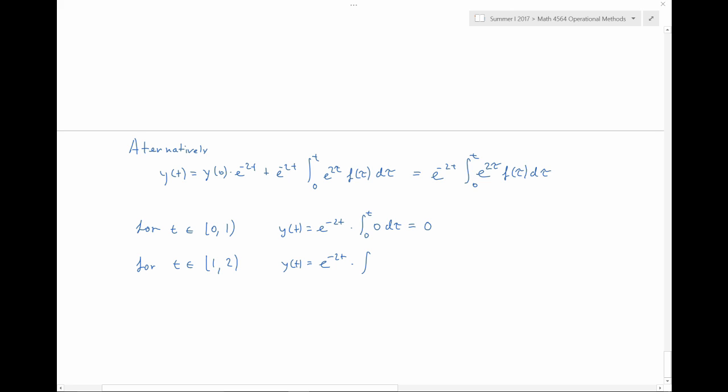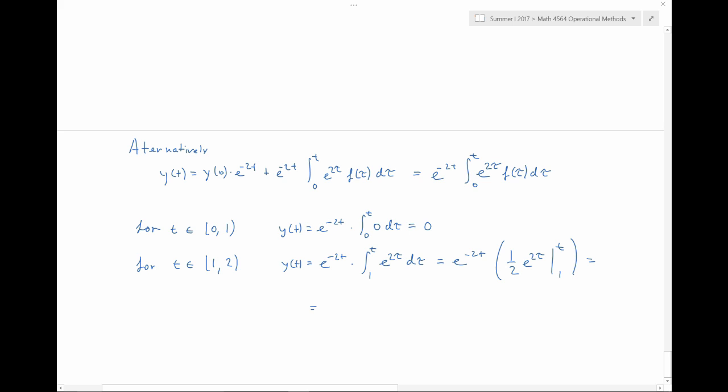Well, since f of tau is only non-zero from 1, it's the integral from 1 to t of 1 times e to the 2 tau d tau. So it's e to the minus 2t times the antiderivative, which is 1/2 e to the 2 tau evaluated from 1 to t.